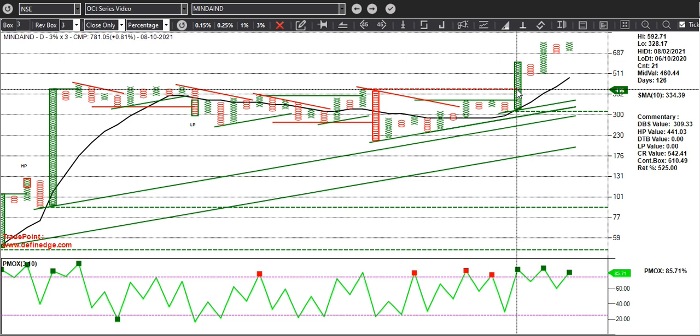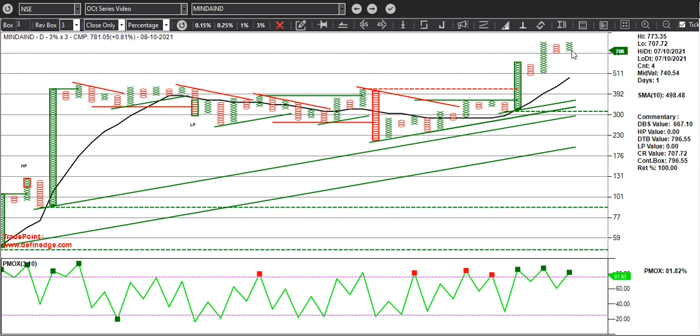I don't know the exact date, but in this anchor column there was a multi-year breakout. And if you see the PMOX indicator, it was more or less in overbought zones, and now it has turned bullish.